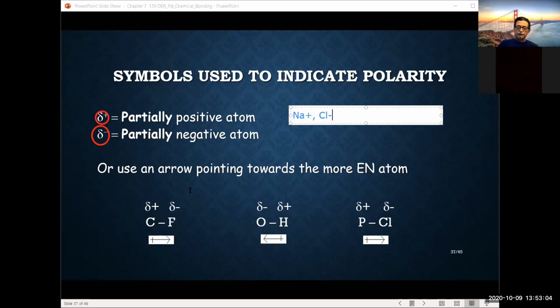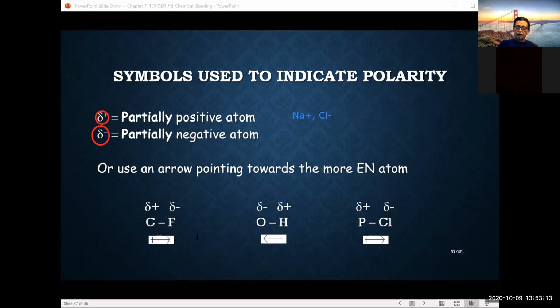And so we use an arrow to designate in which direction the pull is going. If you look at the bottom left corner example, you see carbon fluoride. Well, fluoride is the most electronegative atom there is, and so fluoride will be pulling the electron density onto itself. In doing that, it creates a partial negative area on fluoride, and hence we put the partial negative over the fluoride.